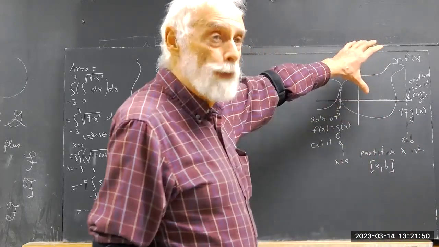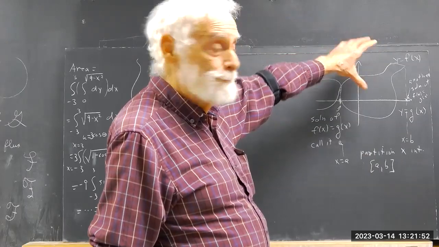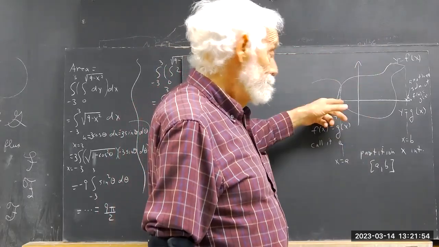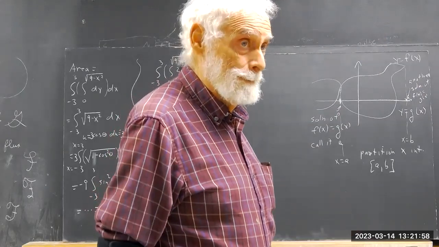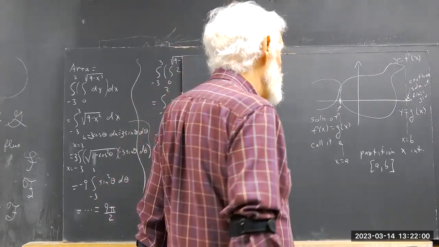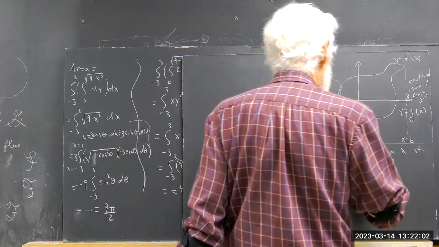Now, if I give you two functions, you're going to have to find the points where they meet. It's got to get more complicated than that, but that's the general idea.